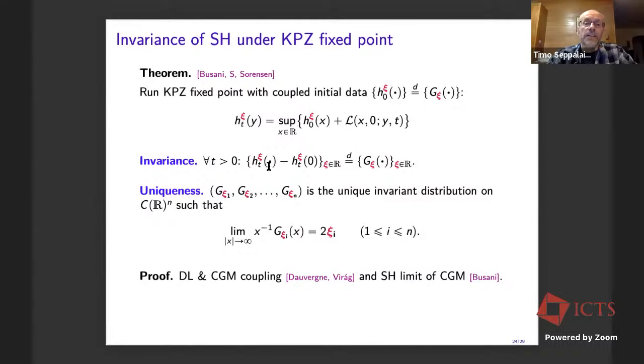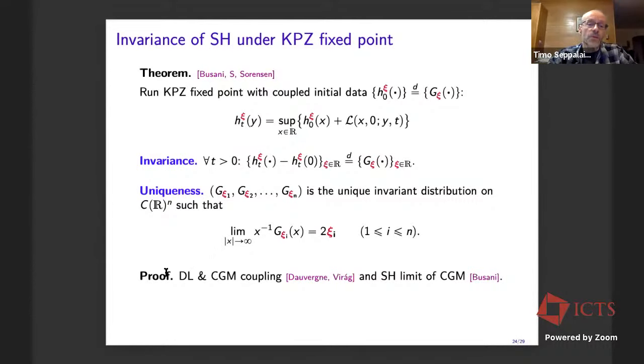And for the KPZ fixed point, there's a sort of global time shift, so you have to center them by subtracting the value at the origin so that you get a function that's 0 at 0. So there's the invariance. There's also a uniqueness statement. This gives the unique invariant distribution subject to having the right asymptotic slope.